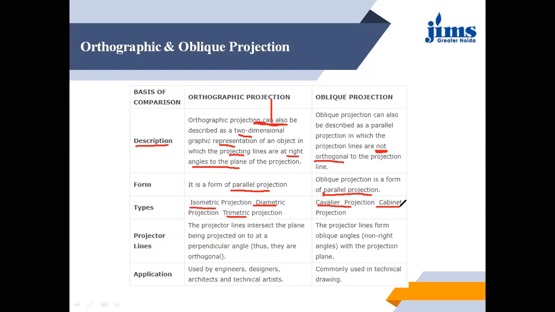When we want to differentiate based on the projector lines, then in orthographic the projector line intersects the plane being projected onto at a perpendicular angle. In oblique, it is not a perpendicular angle, means not a right angle. The angle value can be different.